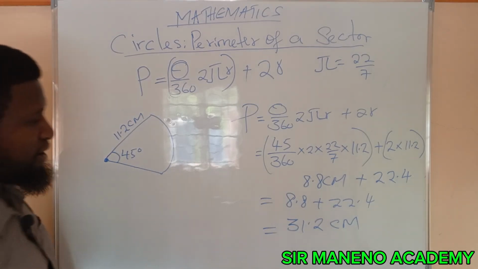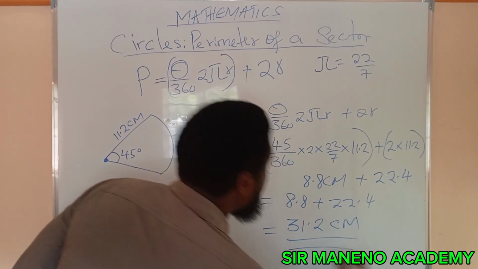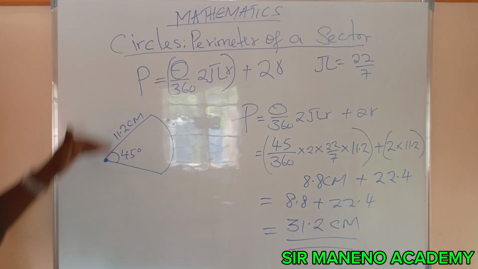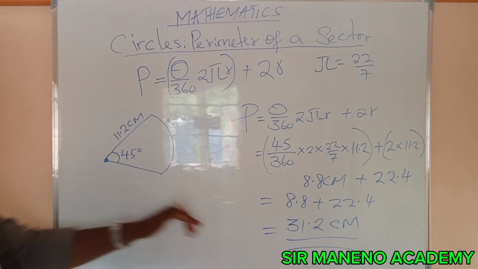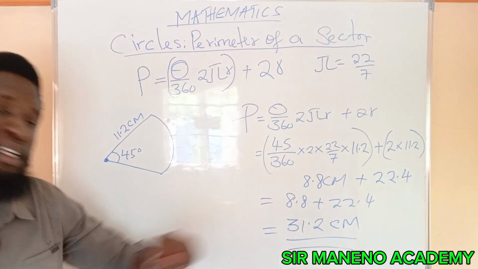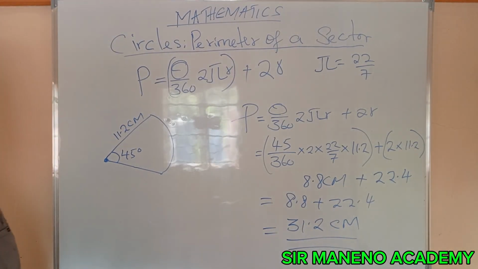That is now our answer. So the perimeter of this sector is 31.2 centimeters. That is how we calculate the perimeter of a sector.